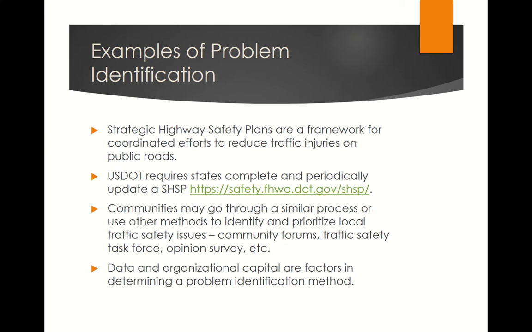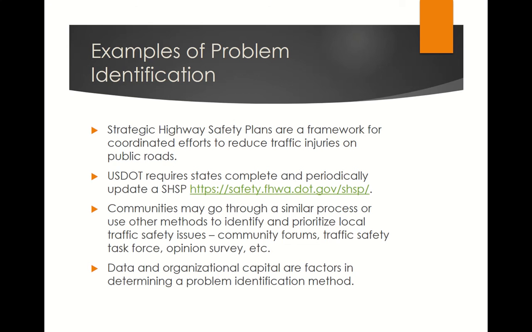The USDOT does provide, if you want to take a look at some of the other states' SHSPs, could potentially be a research project in itself, trying to understand what some peers have done, looking where they've had some success in areas that perhaps North Dakota hasn't, and vice versa.